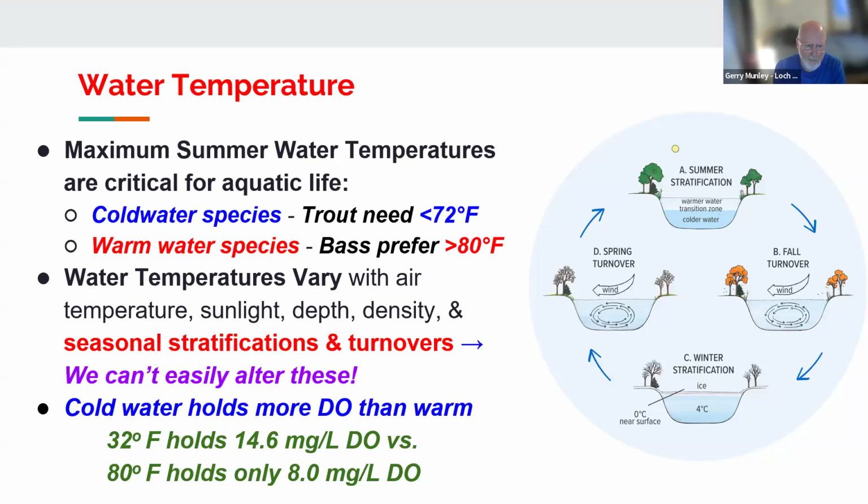The last thing about this slide is that cold water holds more dissolved oxygen than warm water does. Paul Spivak gave me this bit of information: 32-degree Fahrenheit water holds 14 plus milligrams per liter of dissolved oxygen, whereas at 80 degrees it's just a little over half that.